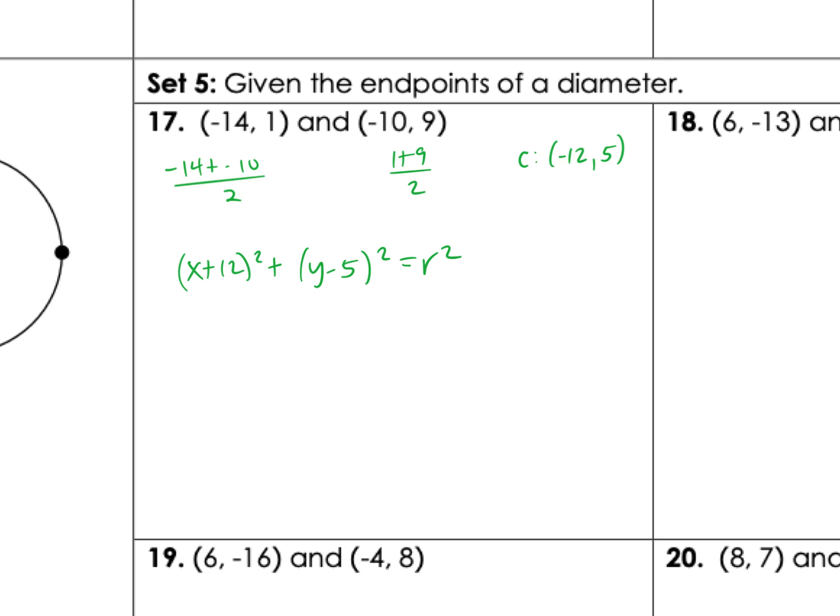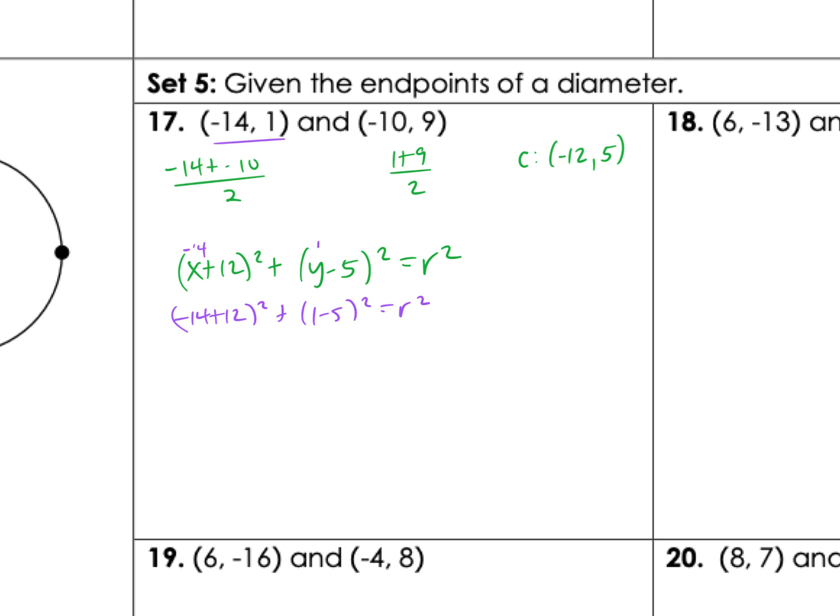Then I'm going to pick one of my points. It does not matter which one, either one will give you the same answer. I'll just pick the first one: this is -14, this is 1. So (-14 + 12)² + (1 - 5)² = r².